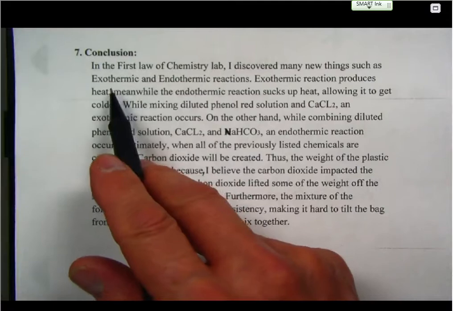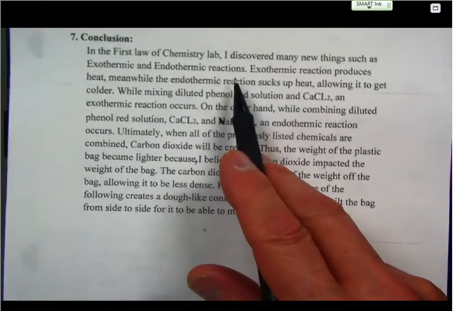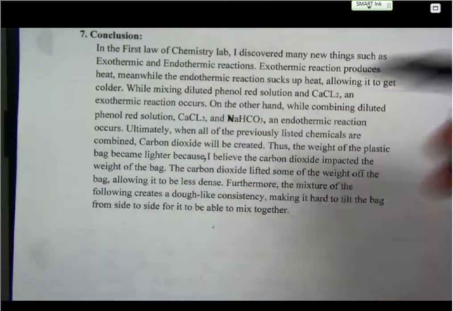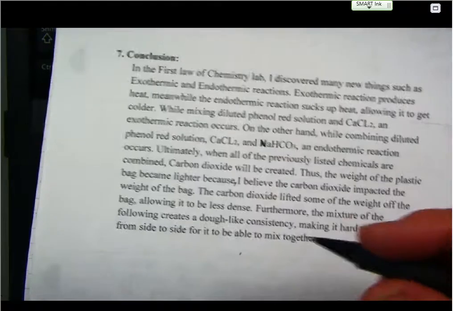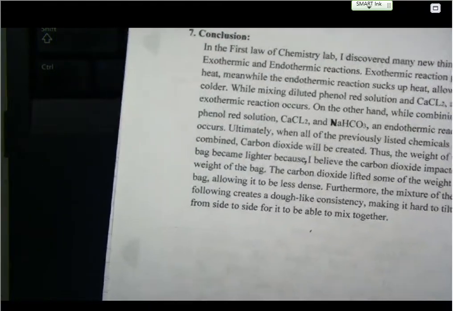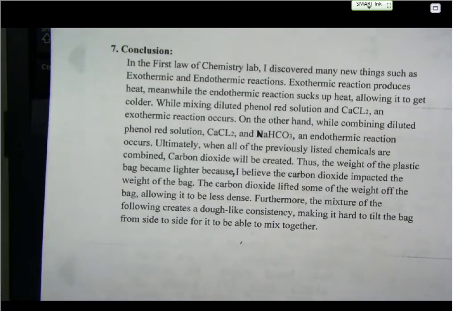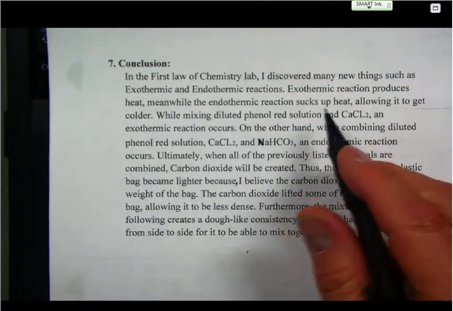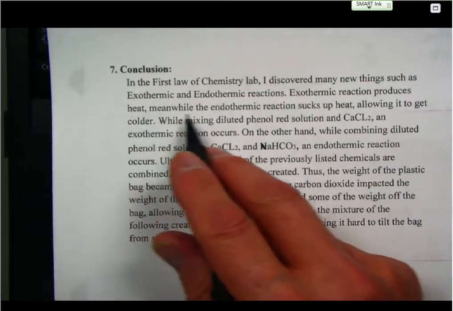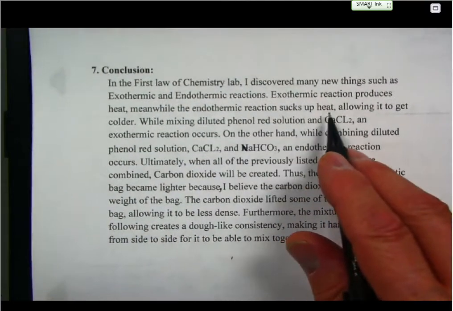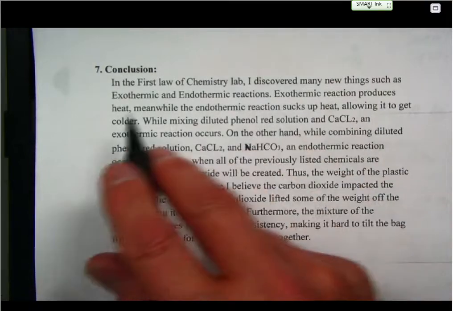Okay? Why is it exothermic? Why is it endothermic? I observed that the temperature went down, so I know there was an endothermic reaction going on. Okay? Exothermic reaction produces heat. Meanwhile, the endothermic reaction sucks up heat, allowing it to get colder.